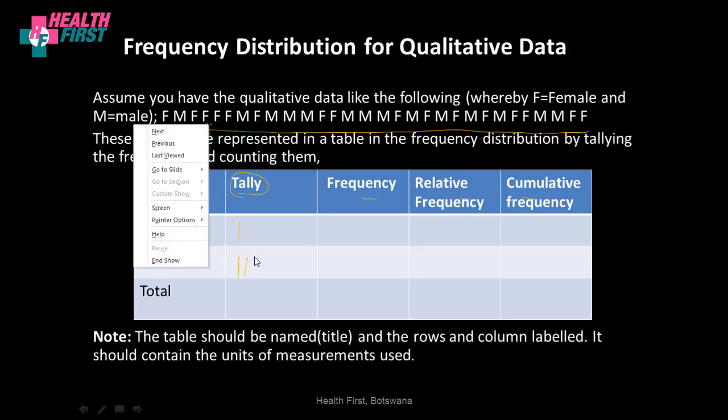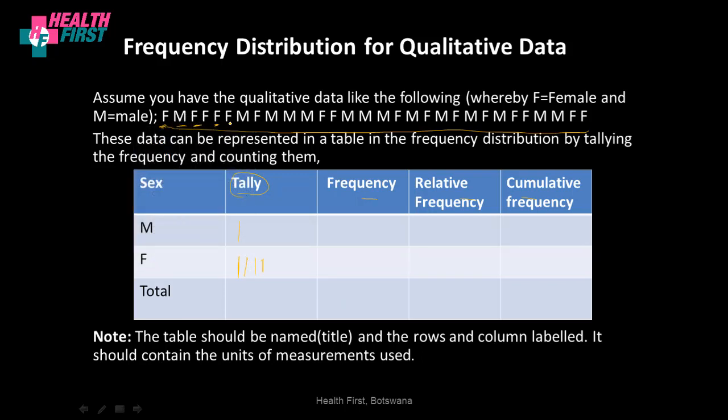We have another F there for female, and then we have another F which makes it 5. When you reach 5, you make your tally go across, this way. So that means that you have a count of 5: 1, 2, 3, 4, 5. So you do this for all the data points.